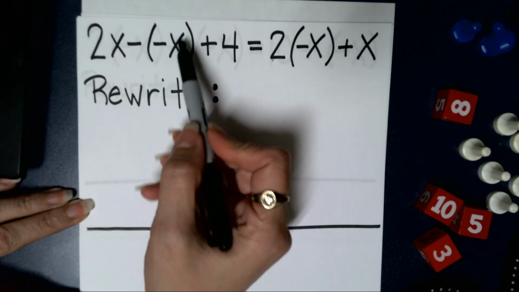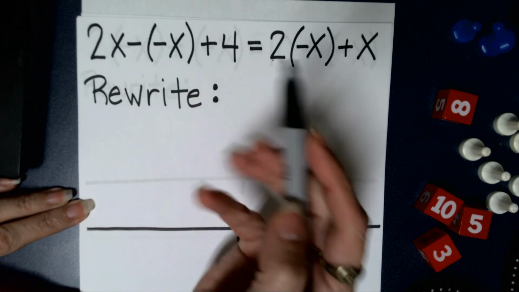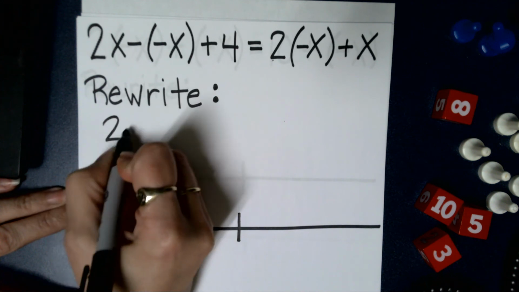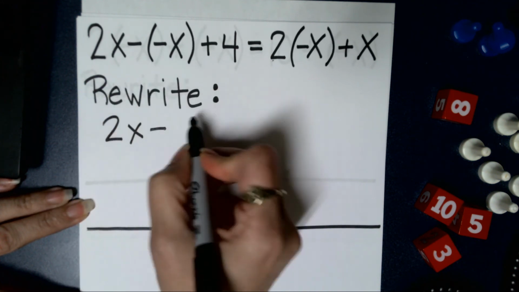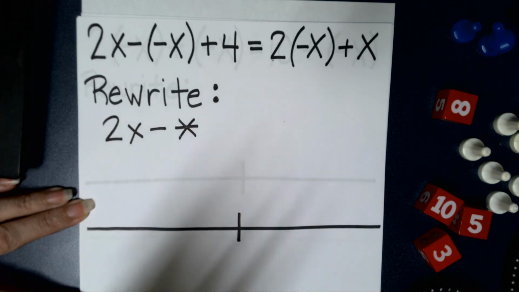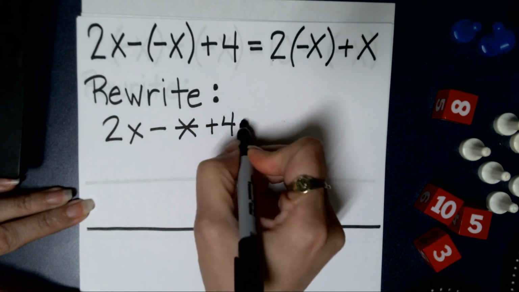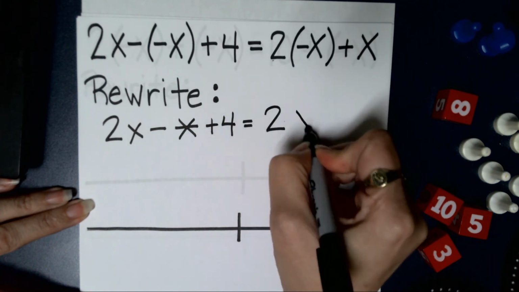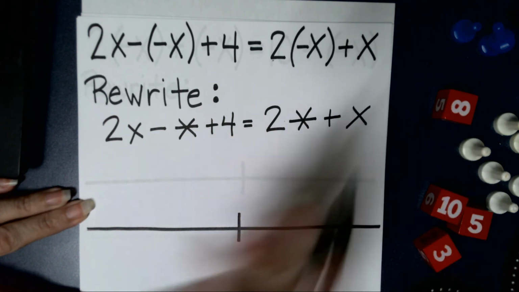Well, these aren't written the way that I'm used to seeing them, so I'm going to rewrite my equation. I'm going to start with 2 x's, which stays the same. This says to take away a star, so I'm going to write minus, and I'm going to draw the star like I'm used to seeing it. Plus my 4 equals, this says 2 stars, I'm going to rewrite them the way I'm used to seeing them, plus x.